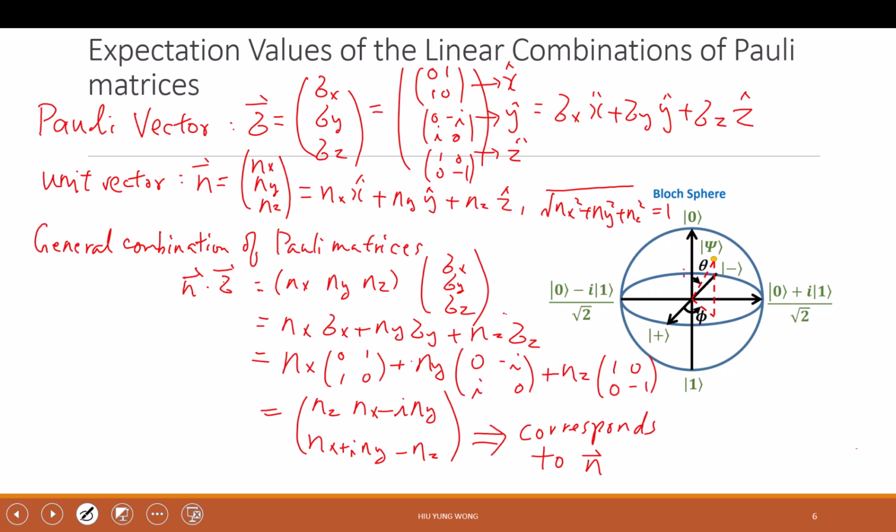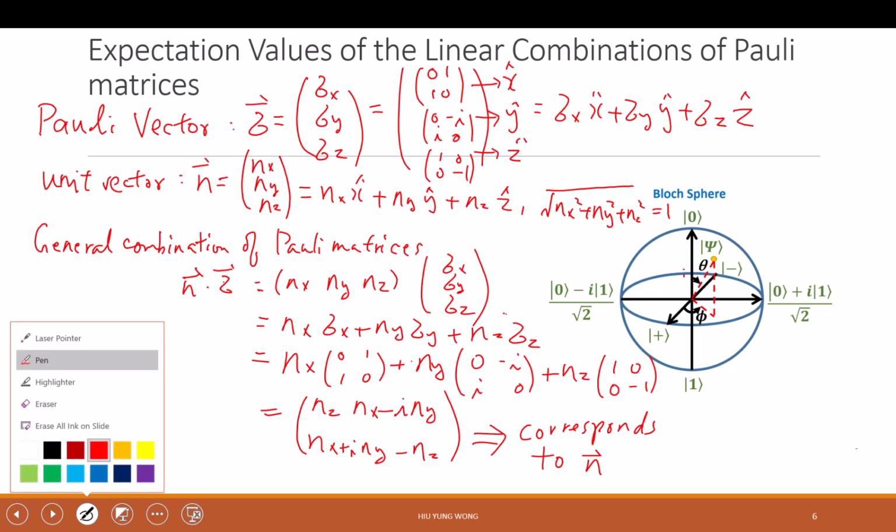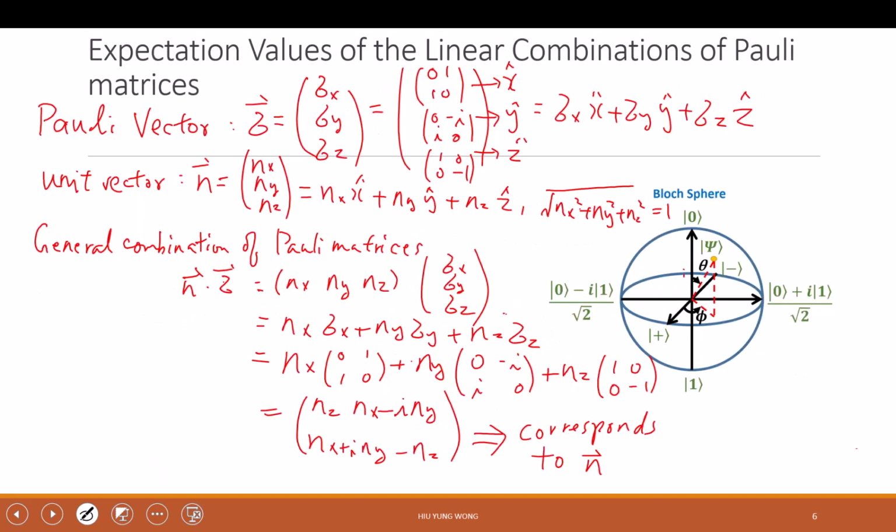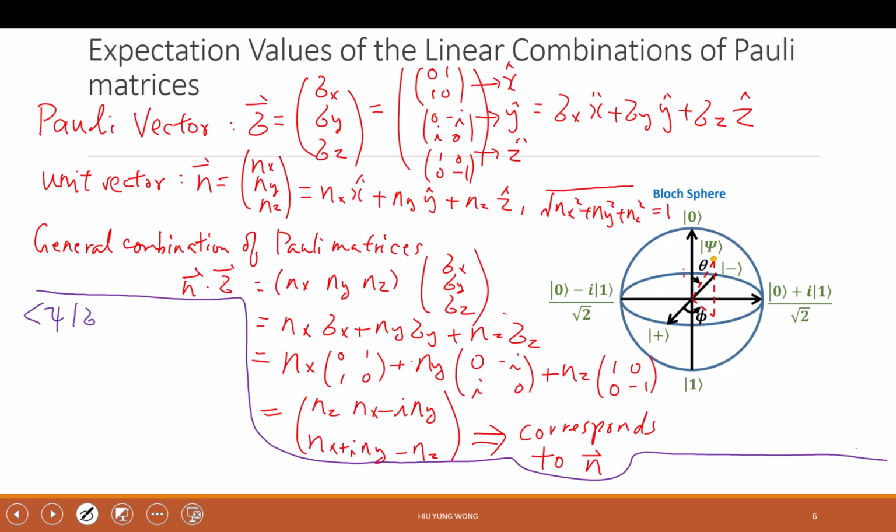Now, then what is the expectation value now? I should have one more slide, but actually I don't have enough space. I keep writing too much. So what is the expectation of n dot sigma?